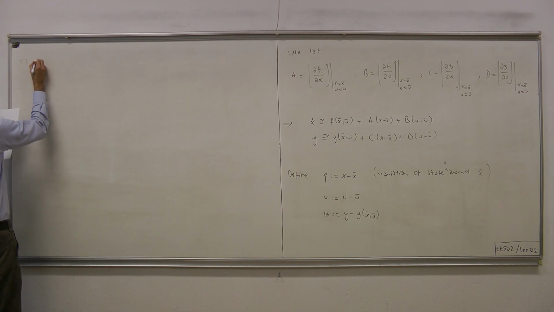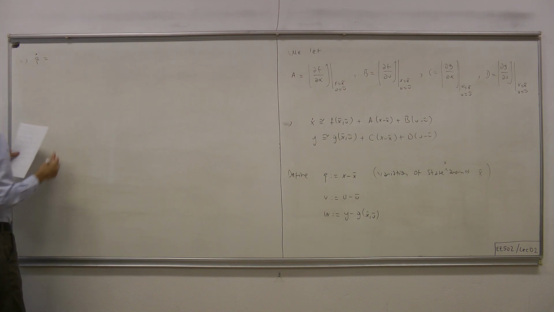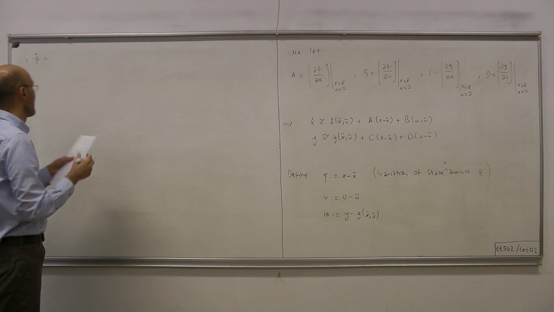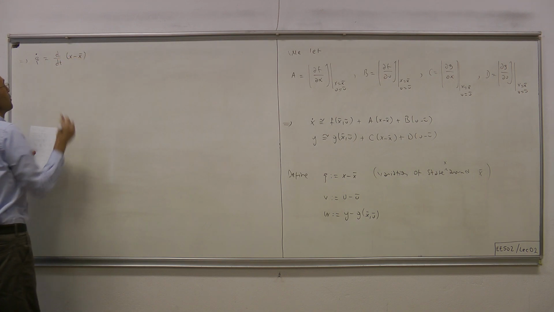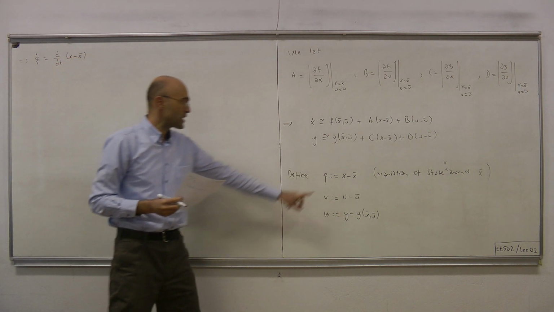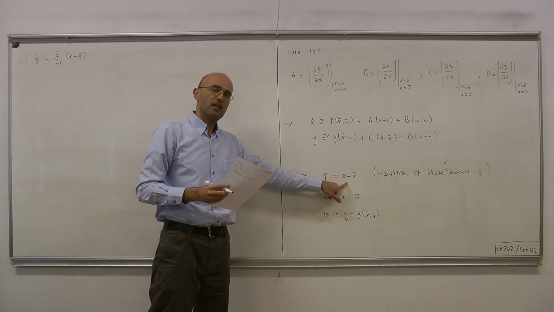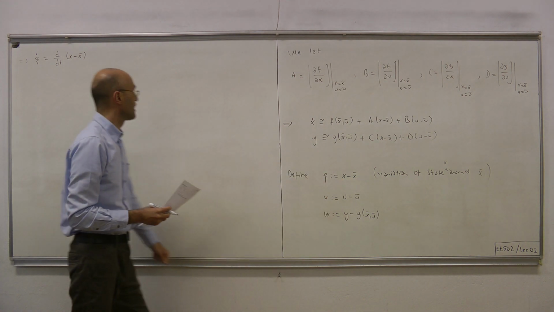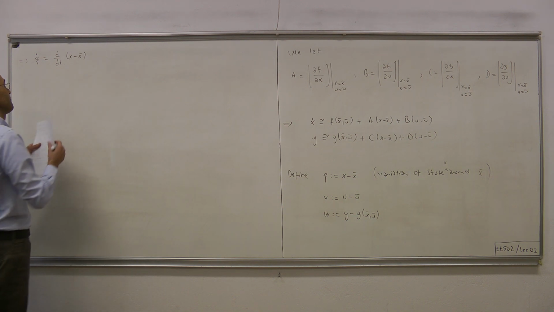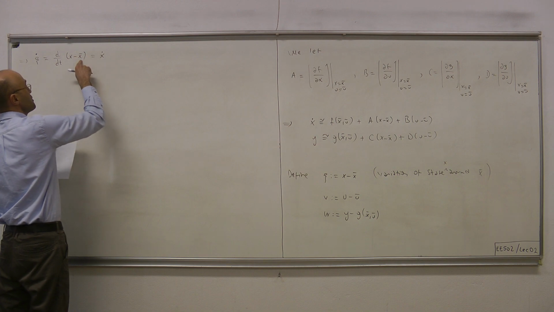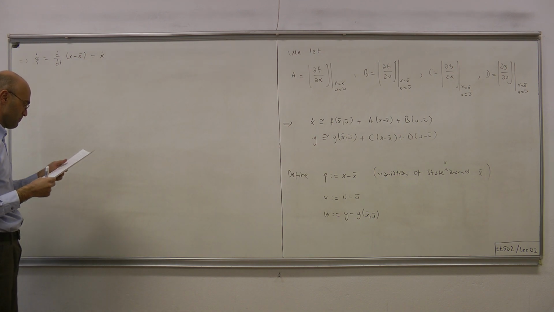Now, what we can write is psi dot. By definition, it's d over dt of psi, which is x minus x bar. Now x is x of t, a variable, and x bar is fixed. Therefore, this derivative simply equals x dot, because x bar is fixed.